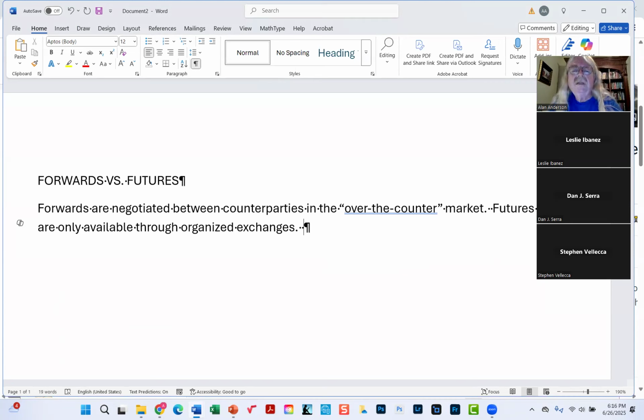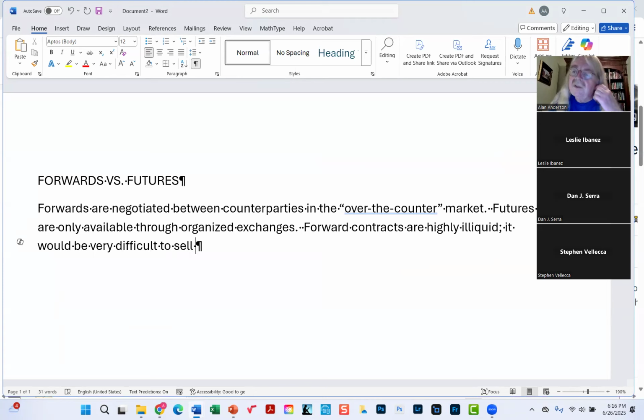But forward contracts are highly illiquid. It would be difficult or even basically impossible to sell a forward contract, and it may not even be legal.